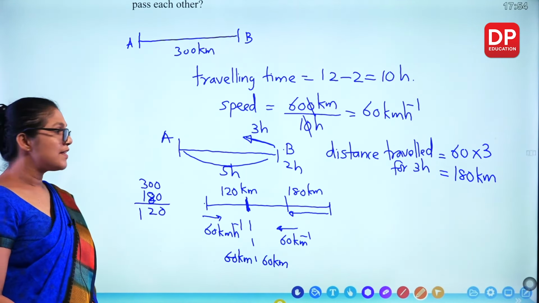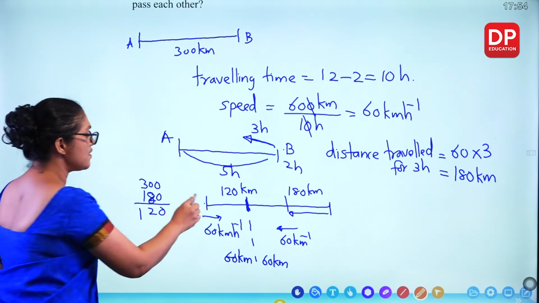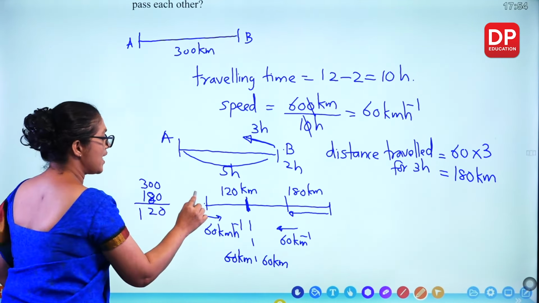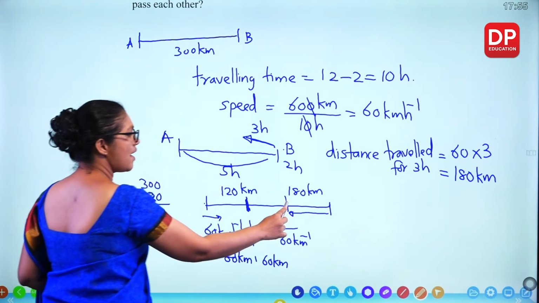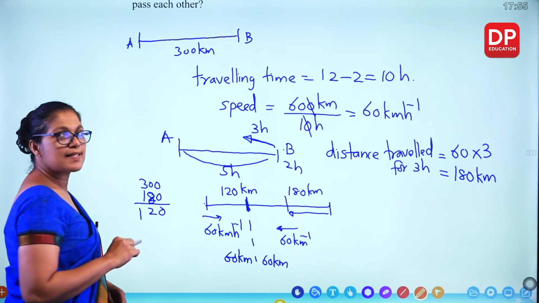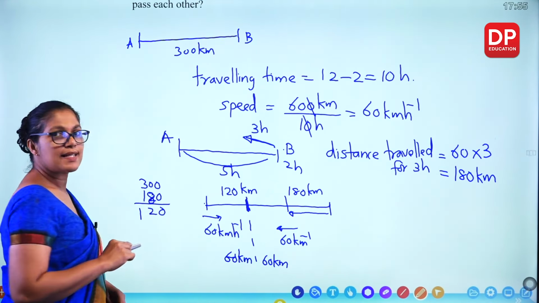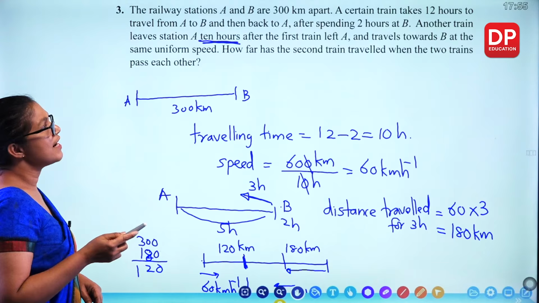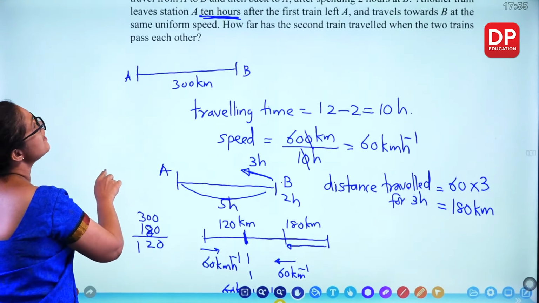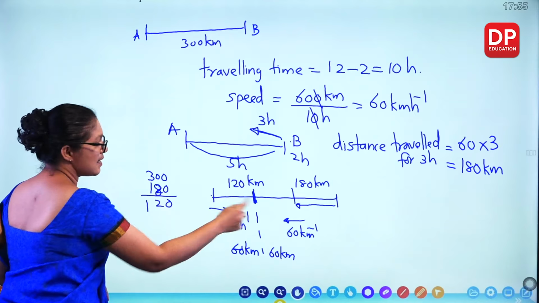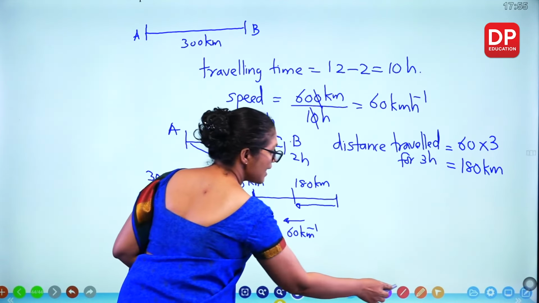So the second train travels 60 kilometers. And what about the first train? 300 plus 180 plus 60. But which train do they ask about? How far has the second train traveled when the two trains pass each other? So only the second train, that's only 60 kilometers.